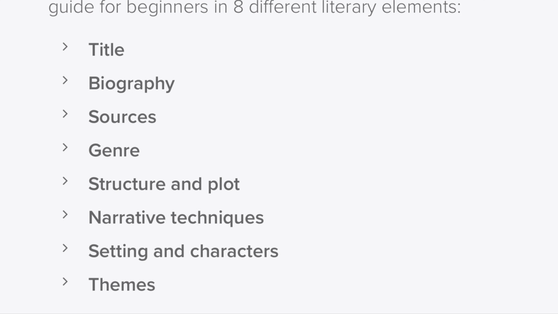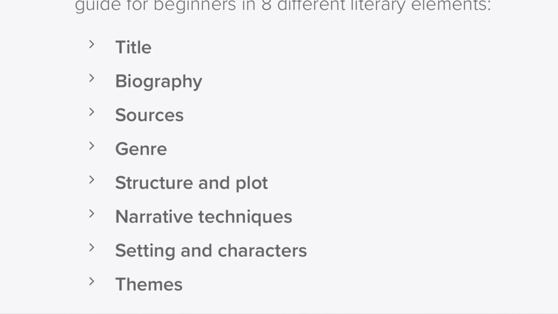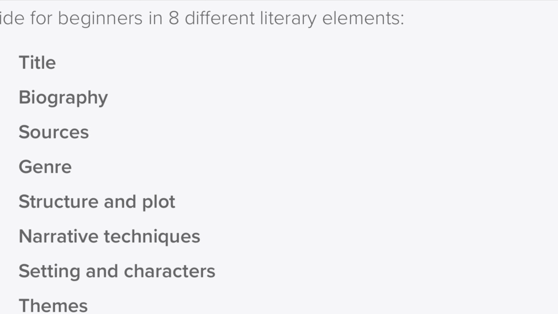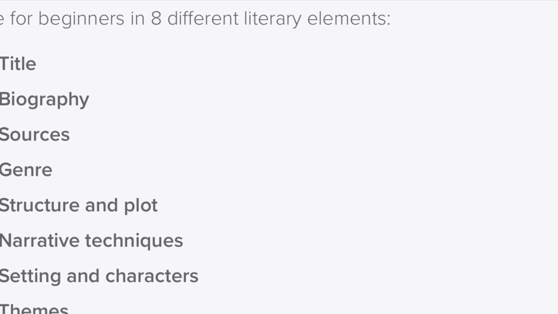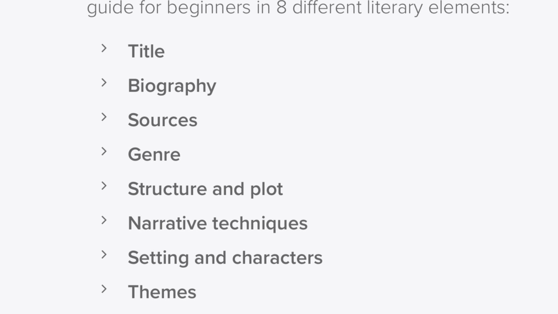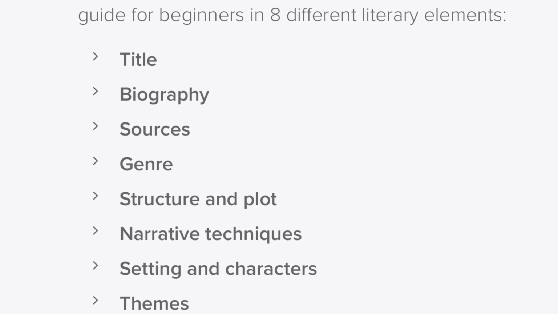In this and future videos, I'll teach you how to present a literary work properly using a simple but organic framework consisting of fundamental literary elements. We'll talk about the title, the author's biography, the sources, and how to define the genre of this romance.